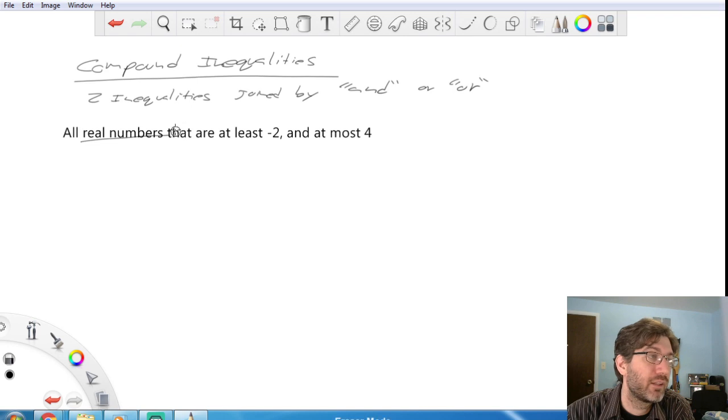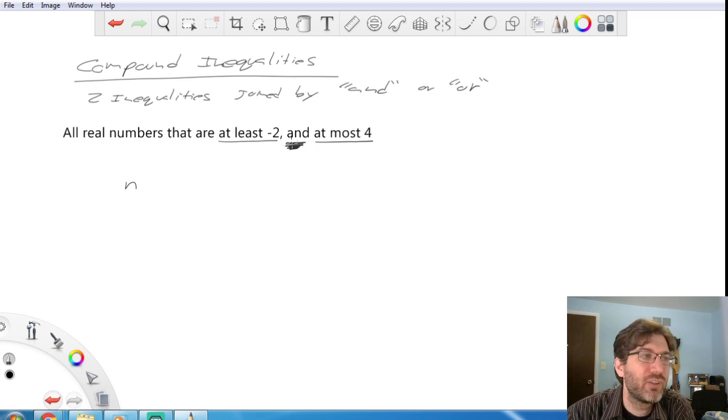And it has to be at least -2 and at most 4. You should note that we have an and here. So we're looking at something in the form of and. So at least -2 means our number, which I'm going to call n for number, is at least -2. So think about that in your head.